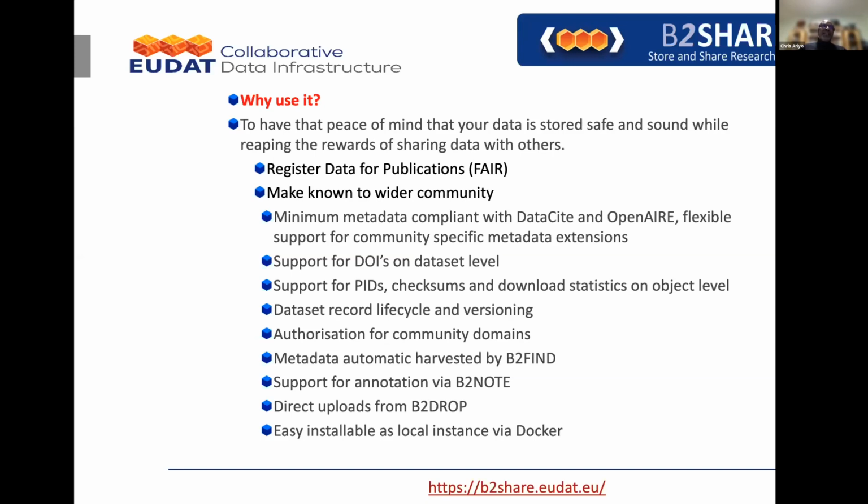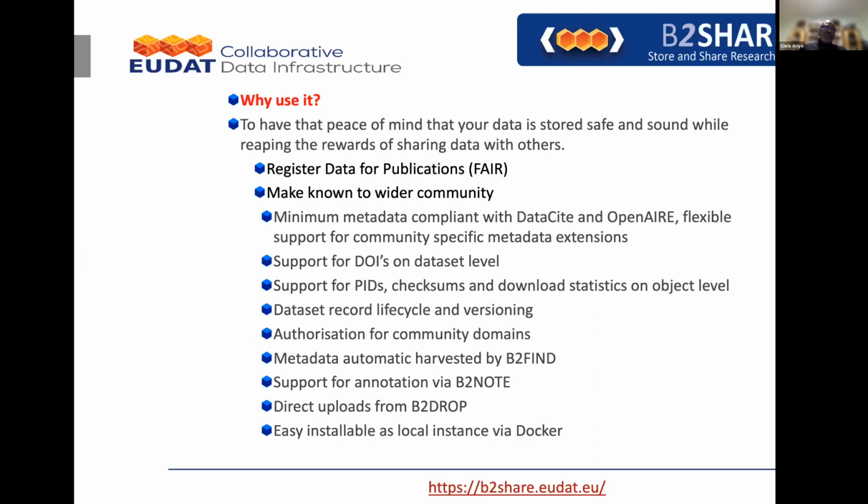We assign DOIs, PIDs, and we check the data checksums periodically to make sure we still have the data and it's consistent. We have download statistics on the object level, dataset record lifetime and versioning, authorization, and metadata automatically harvested by B2FIND, and we support annotation via B2NOTE. So if your metadata is not enough, then from inside B2SHARE you can add more information using B2NOTE.